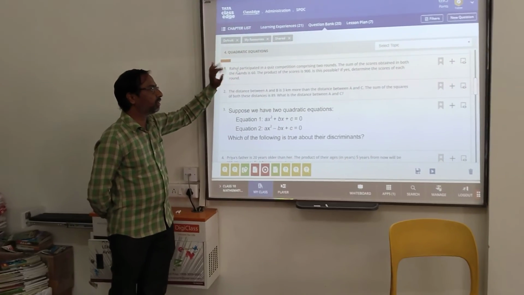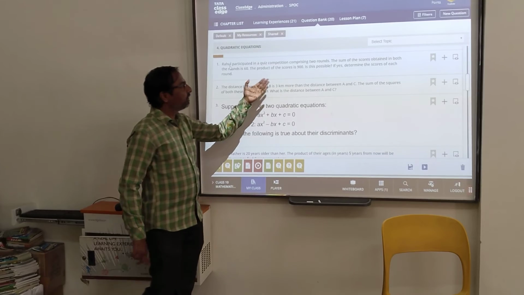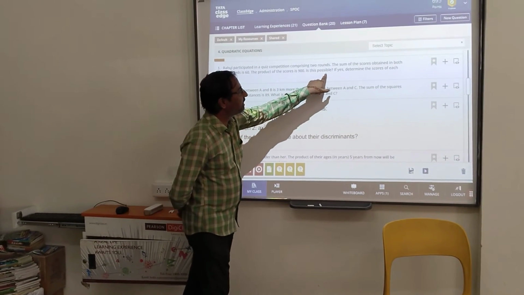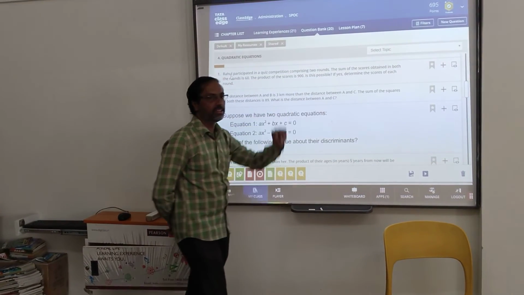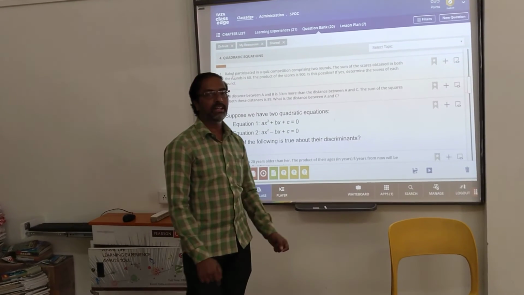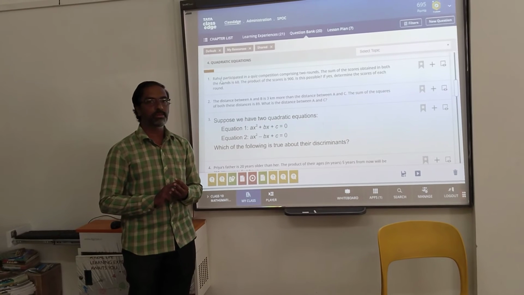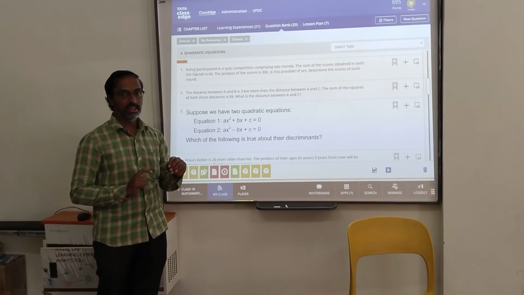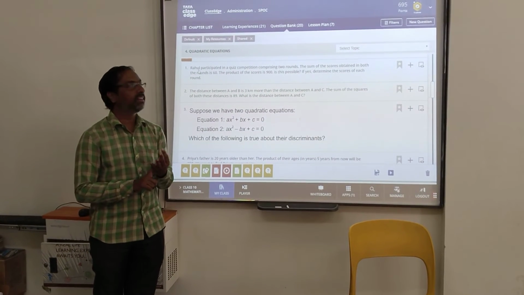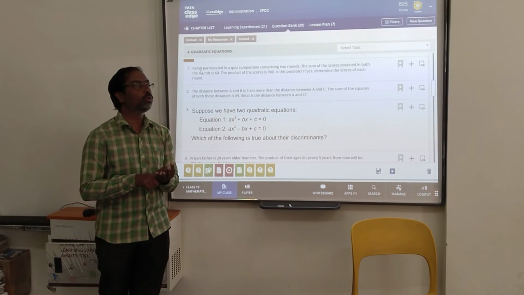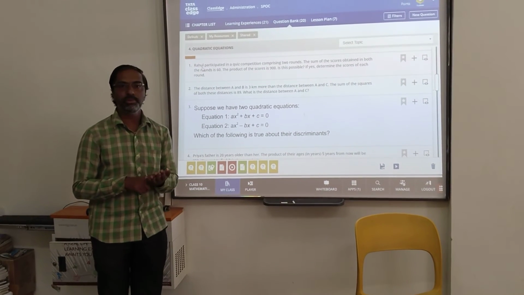So here is one verbal problem. Actually you need to stress on this phrase, "is this possible." Is this possible is nothing but a question based on the nature of the roots of the quadratic equation. Real roots are possible when the D value is 0 or the D value is positive.